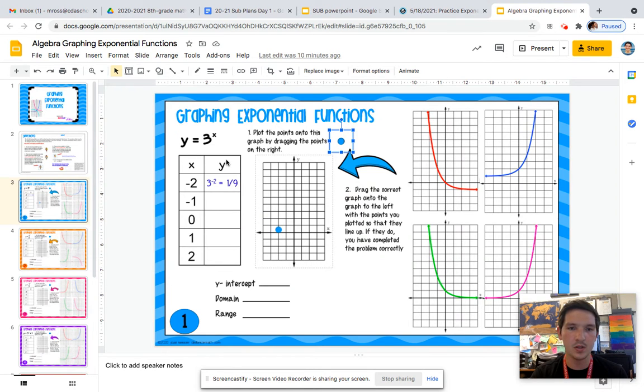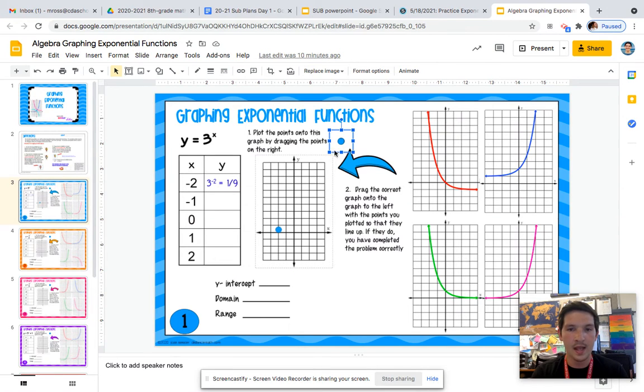What you're going to do is go through and please fill out the table first. I already gave you an example of problem number 1, for when x is -2. You're going to grab your point and drag it to where it needs to go. So when x is -2, y is 1/9, and I placed it here.